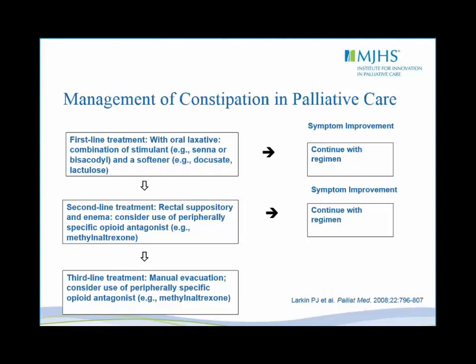Larkin, in her paper about laxative, summarized a little bit to give us some kind of recipe for the use of laxative. Again, I don't like necessarily recipe because we tend not to think too much when we use recipe. We just apply them without thinking, is that really the situation that I have in mind here?